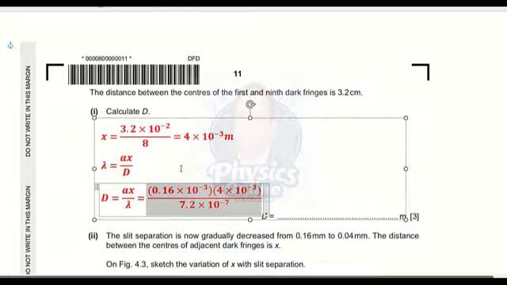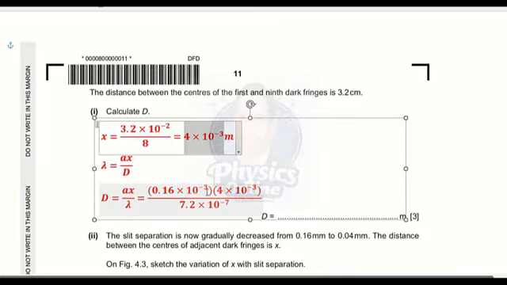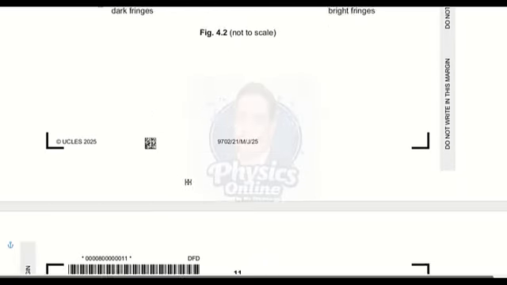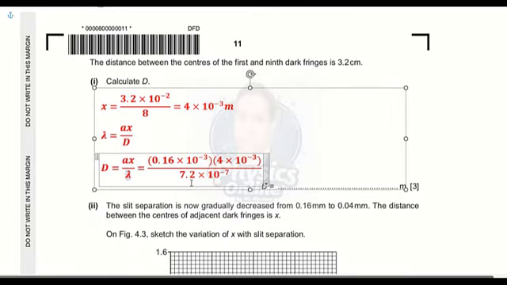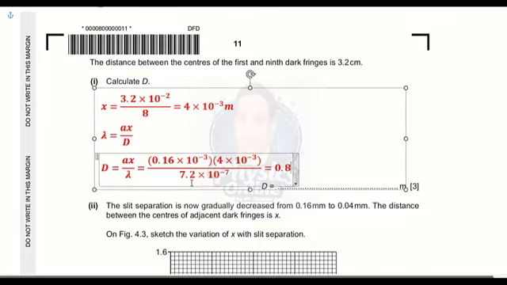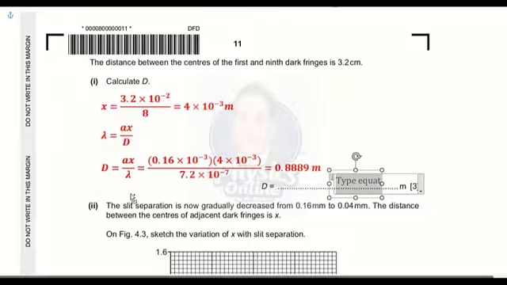We need to convert it: 0.16 times 10 power negative 3, times x that we calculated, 4 times 10 power negative 3, divided by lambda, which is 7.2 times 10 power negative 7. Use the calculator and you'll find d equals about 0.8889. In significant figures it becomes 0.89.